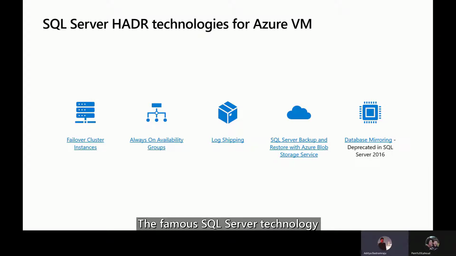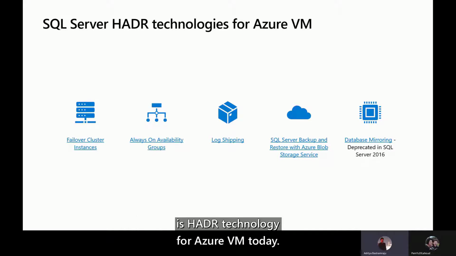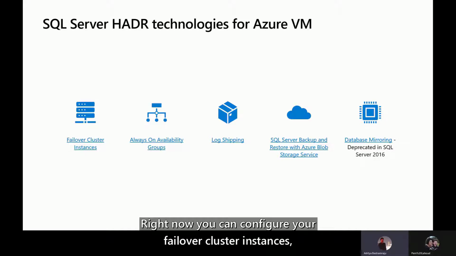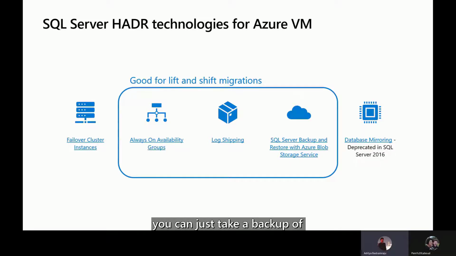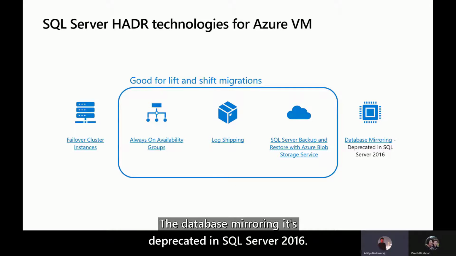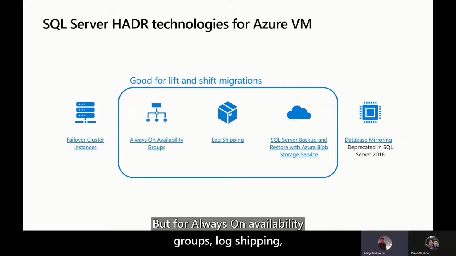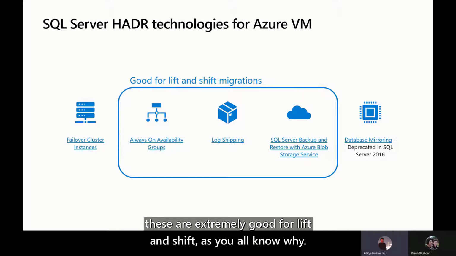The SQL Server HADR technologies for Azure VM today are: you can configure your failover cluster instances, you can configure your Always On availability groups, you can also configure log shipping, and you can just take a backup of your SQL Server, restore it, and put it into the Azure Blob service. Database mirroring is deprecated in SQL Server 2016. But for Always On availability groups, log shipping, and SQL Server backup and restore, these are extremely good for lift and shift, as you all know why, right?